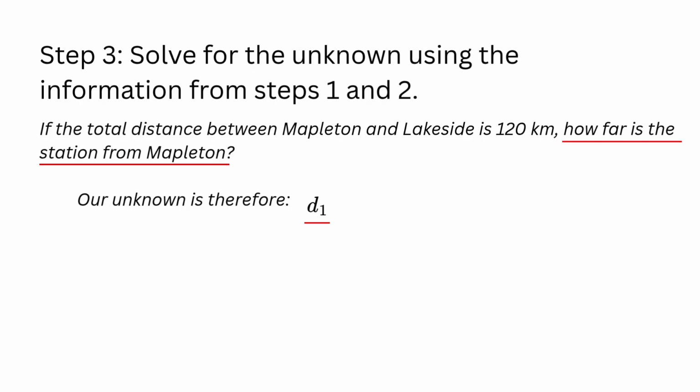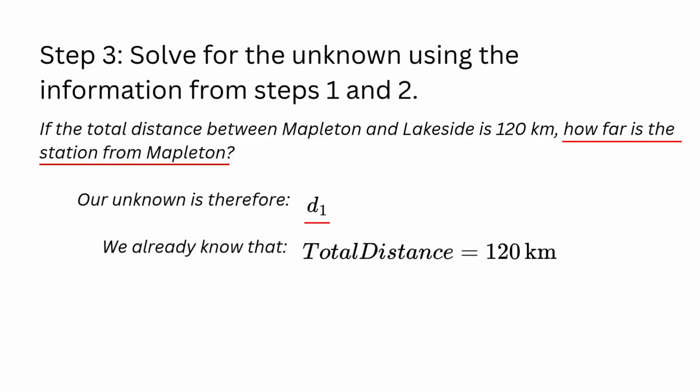And based on that, we already know that the total distance is equal to 120 kilometers. And also, we already know that the total distance not only equals 120 kilometers, but it also equals d1, the distance we're trying to find, plus 3 times the distance we're trying to find, 3d1.